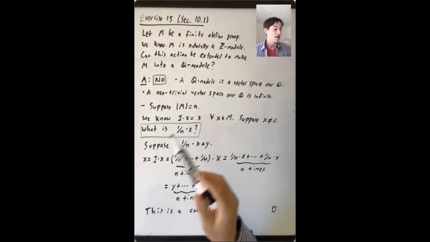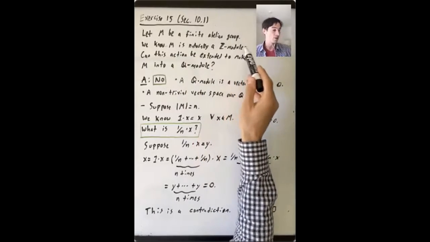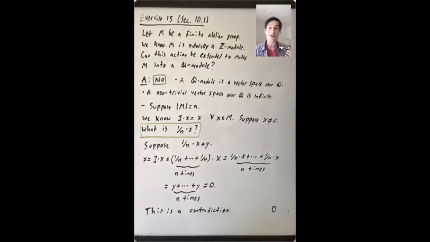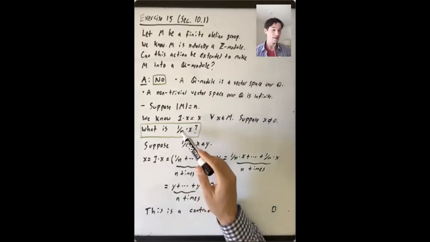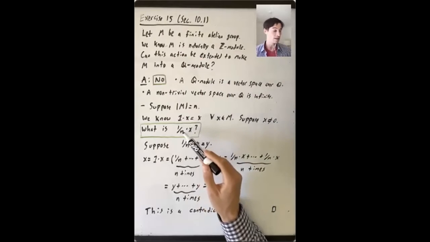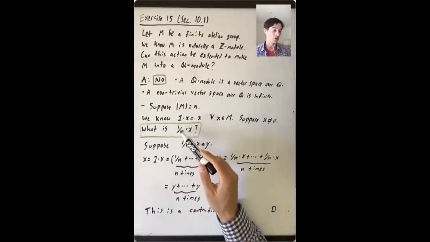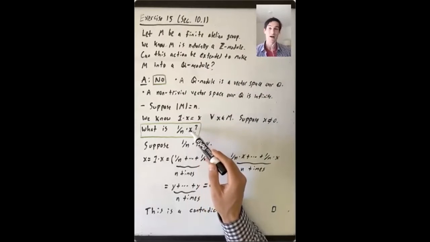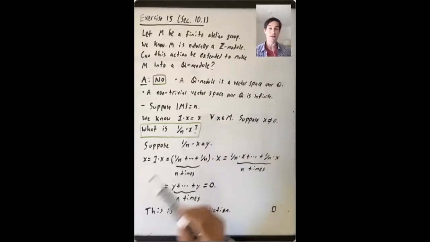We're seeing that we have this Z module M, and there's no good way to turn it into a Q module because there's no reasonable choice for how the rational number 1 over n could act on elements of this finite abelian group. So I'll pause and erase, and I'll give you another example of a problem that's in a similar spirit.